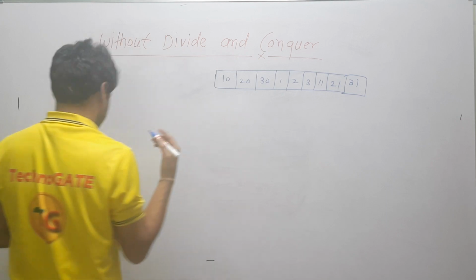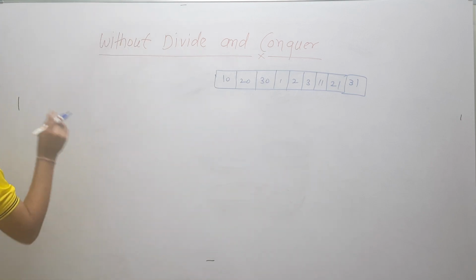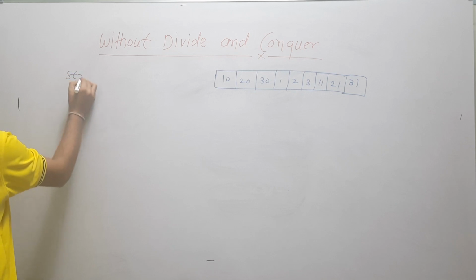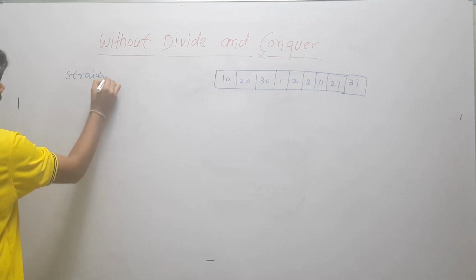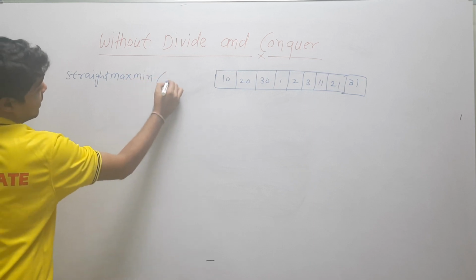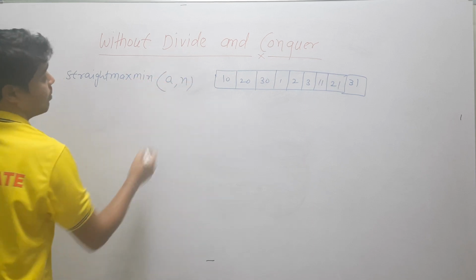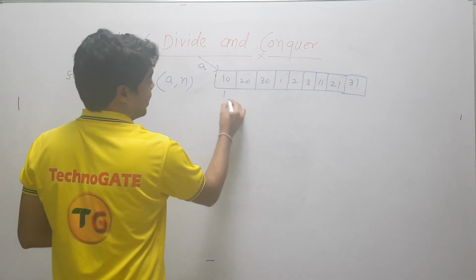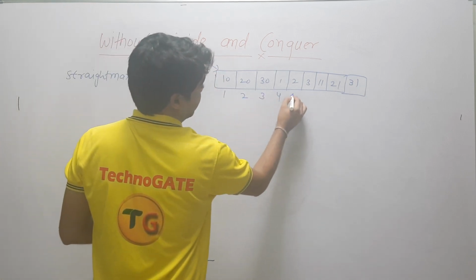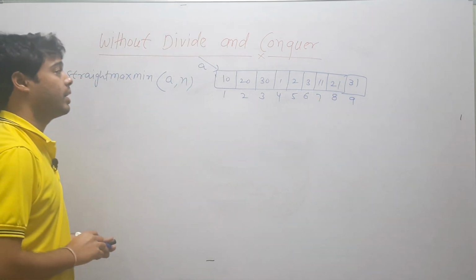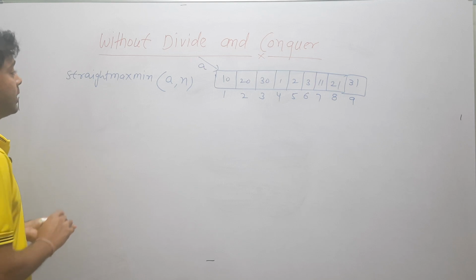Okay, see this one. So take a function here, say straightMaxMin. You can take any function name here, and we will pass the array name a, and n. So this is the array, and the number of elements is 1, 2, 3, 4, 5, 6, 7, 8, 9 here. So this function is the straight max-min.